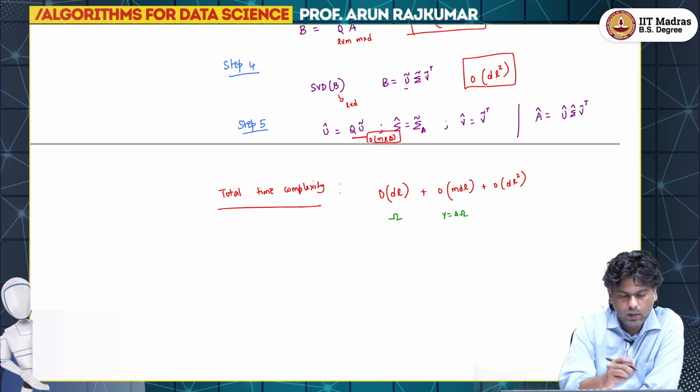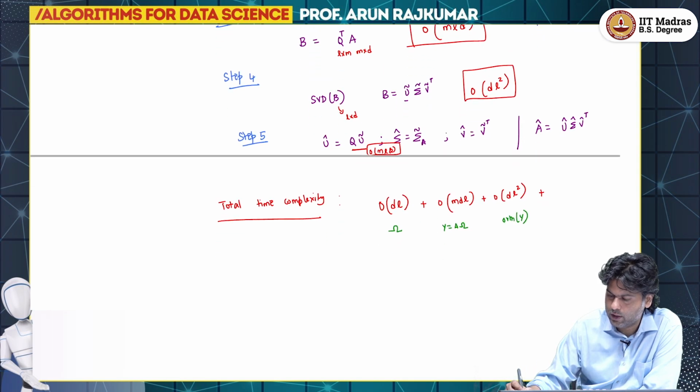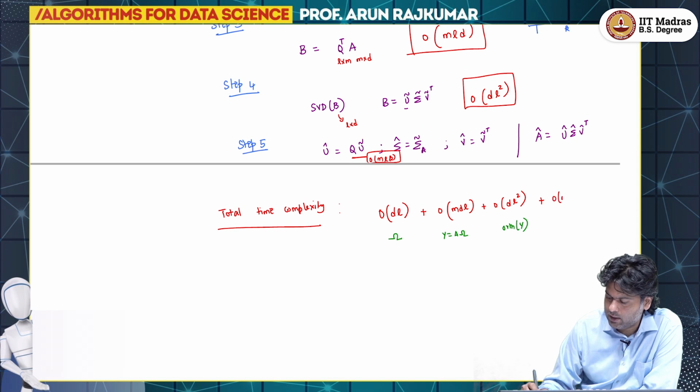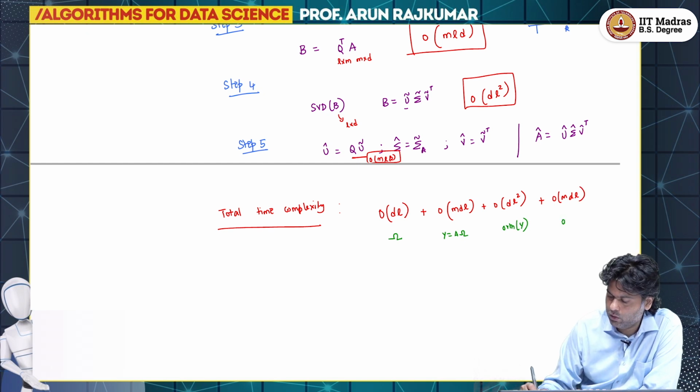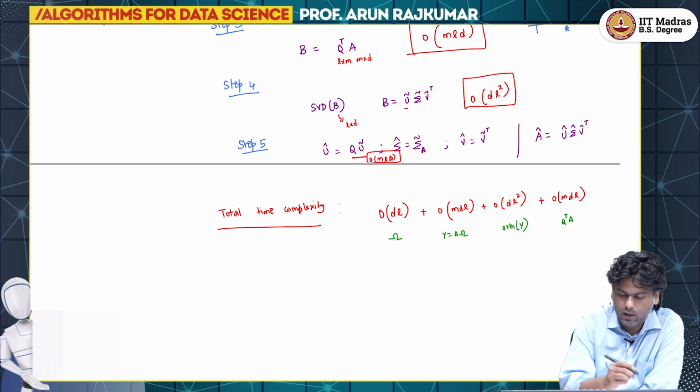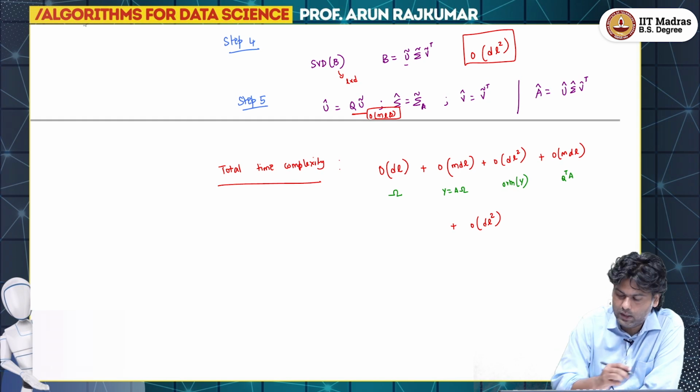This is needed for orthonormalizing Y, and then we want to do Q transpose A. So that takes mdL, the same thing as before. So this is for Q transpose A, and then we have order of dL squared for the actual SVD, which is what we are trying to save anyway, right?